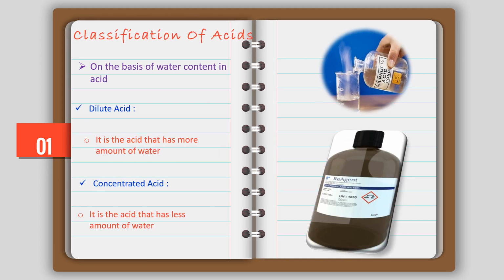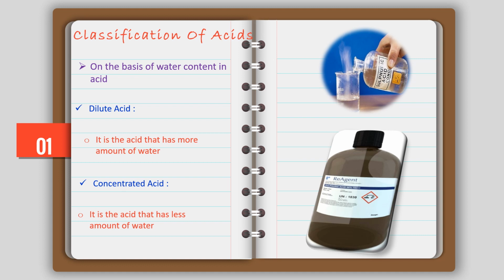Classification based on water content. As I said, adding acid to water slowly is a process called dilution. For example, in a 100 ml beaker, when we want to add 10 ml sulfuric acid, we will add it slowly. Why? Because if we add it fast, more heat will be generated.